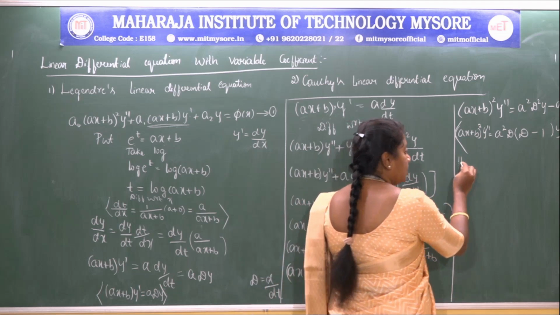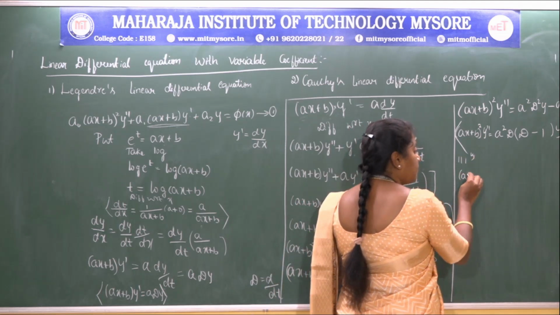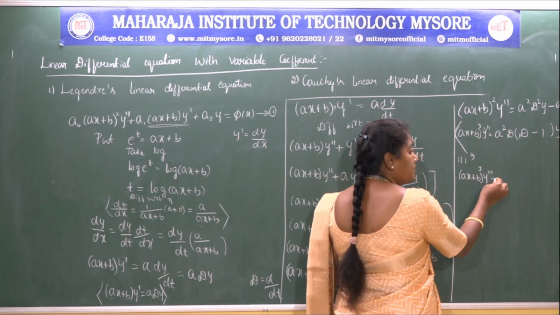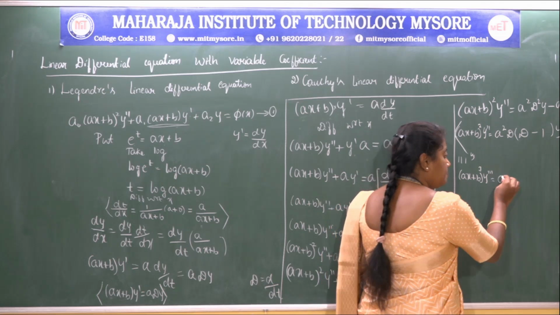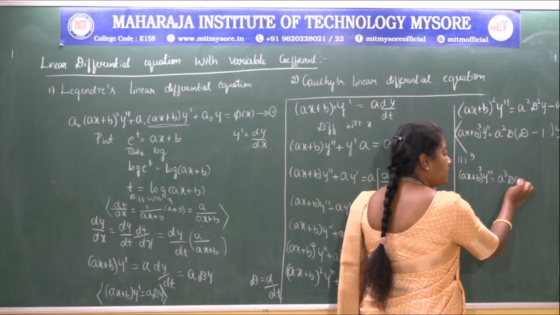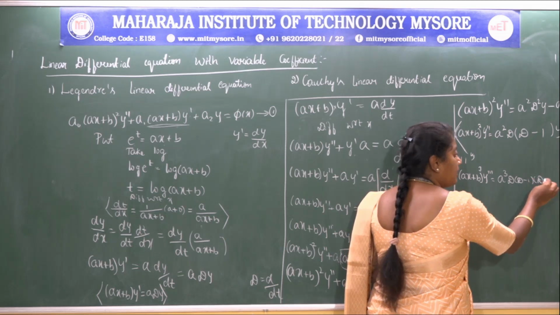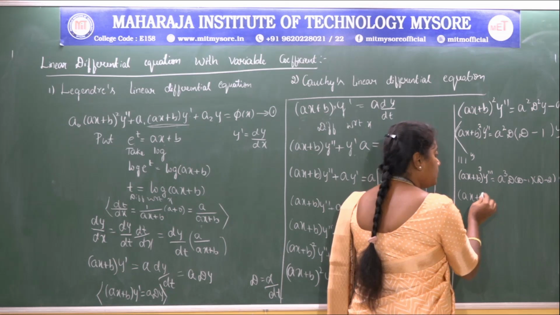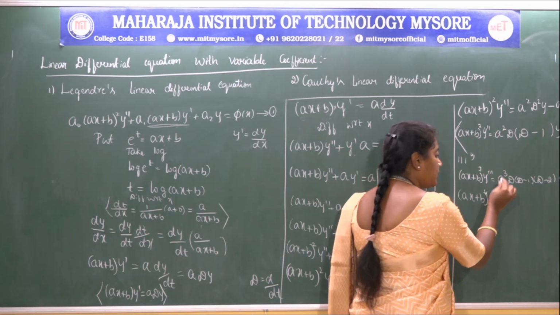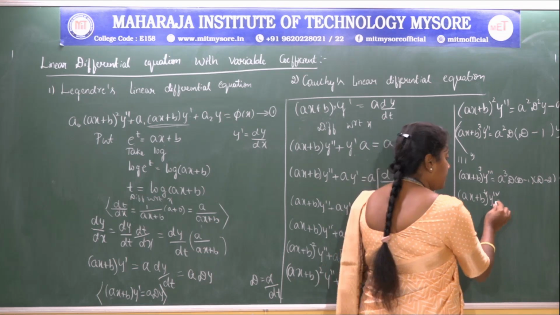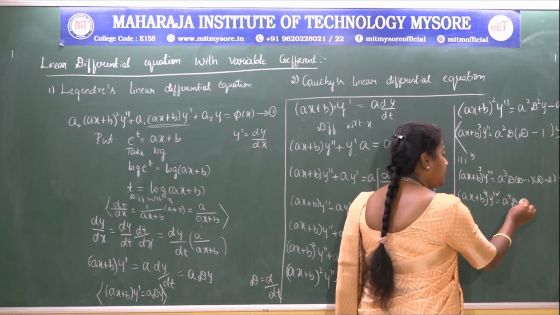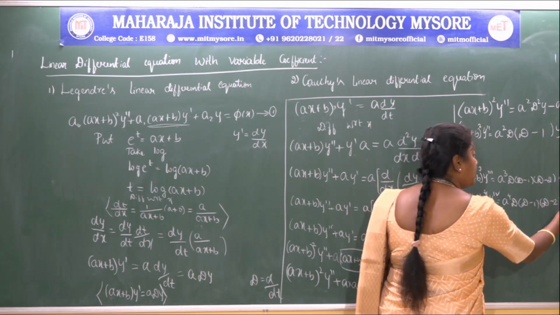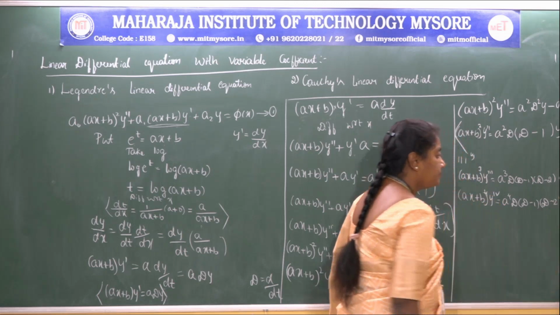In the similar way, if it is of third order, (ax plus b) whole cube y triple dash can be replaced by a cube D into (D minus 1) into (D minus 2) into y, and (ax plus b) to the power of 4 into the fourth derivative of y is equal to a to the power of 4 D into (D minus 1) into (D minus 2) (D minus 3) of y.